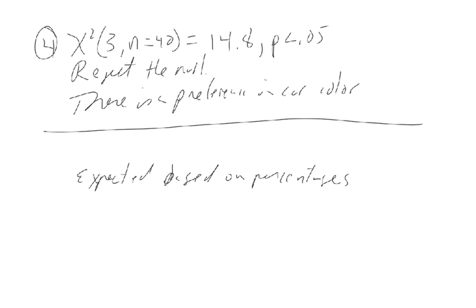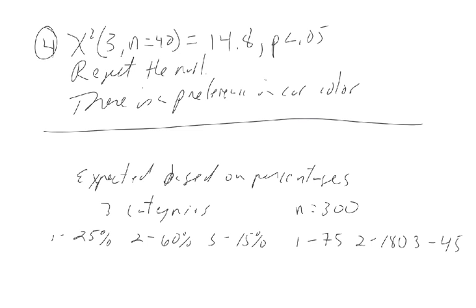In this example, I have 3 categories, it doesn't matter what they are, 1, 2, and 3, but they're not evenly distributed to begin with. So it may be a population, like one of the examples in the text is the ages of drivers. Well, that's not evenly distributed. So in this case, category 1 is 25%, 60% in 2, and 15% in 3.